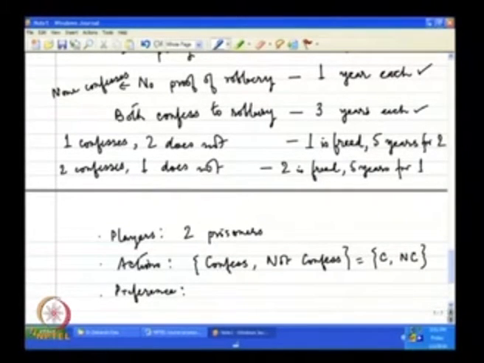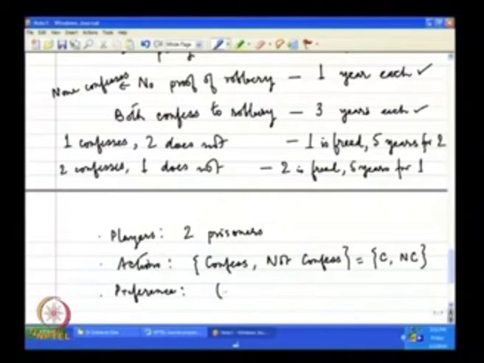Now, given what I have presented before, it is easy to see what is the preference of the prisoners. Now, there are how many action profiles? Since there are 2 players, each has 2 actions, that means there will be 4 possible action profiles. The 4 possible action profiles are the following: NC NC, this is one where nobody is confessing.